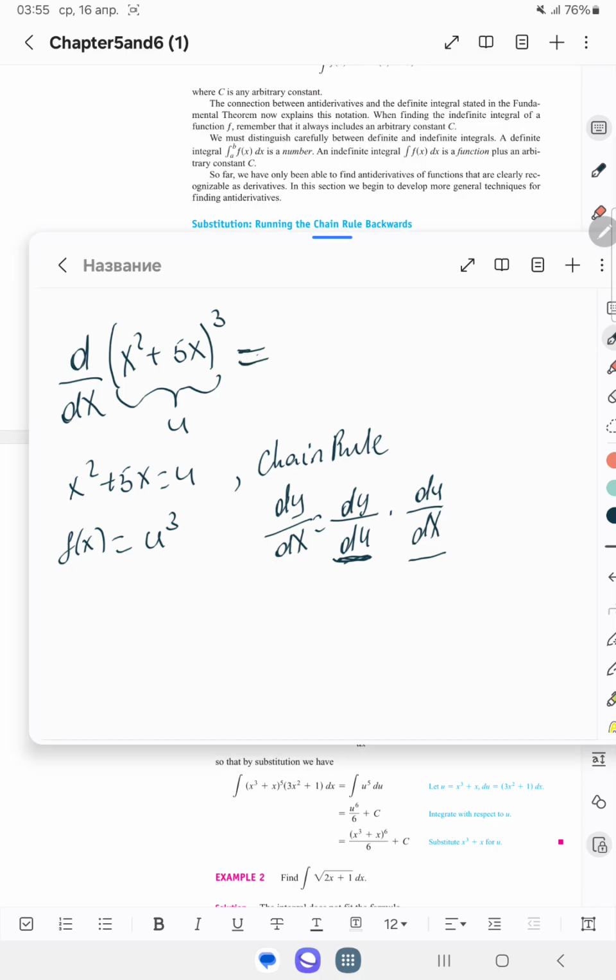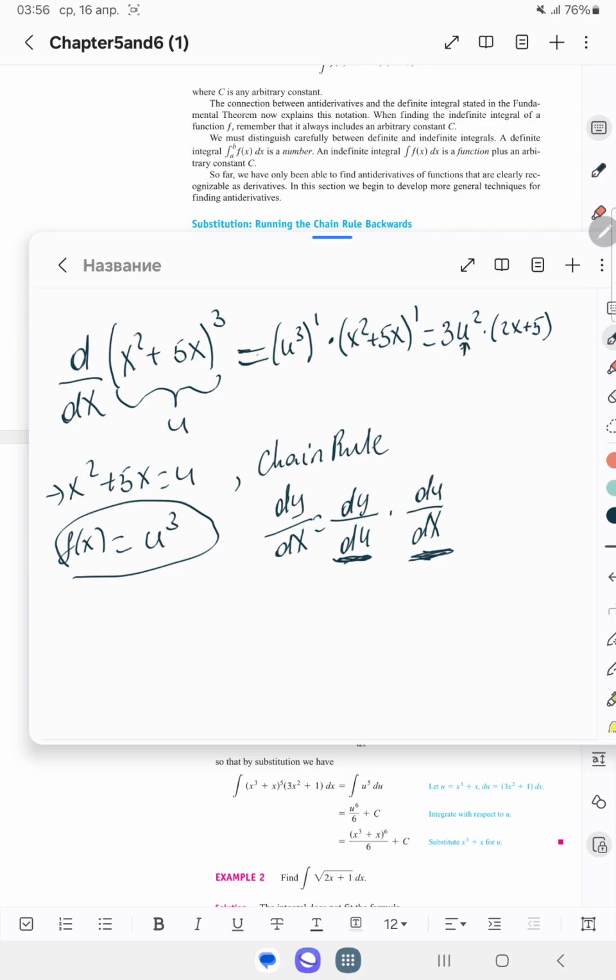So y equals something with u, derivative of u cubed, times derivative of u, which is something with x, so derivative of x squared plus 5x. It becomes 3u squared times 2x plus 5.